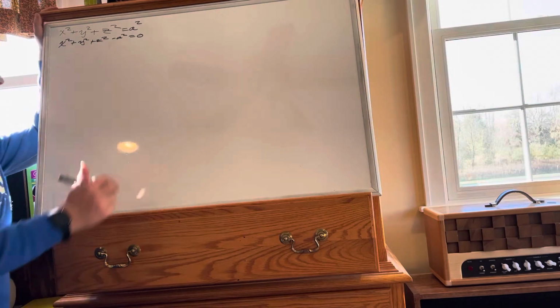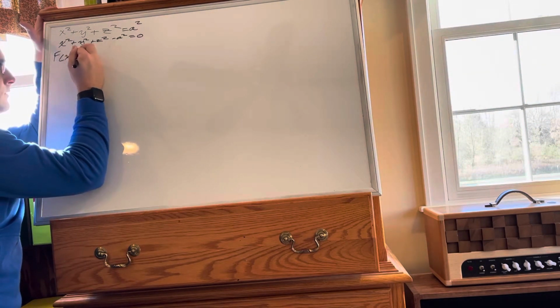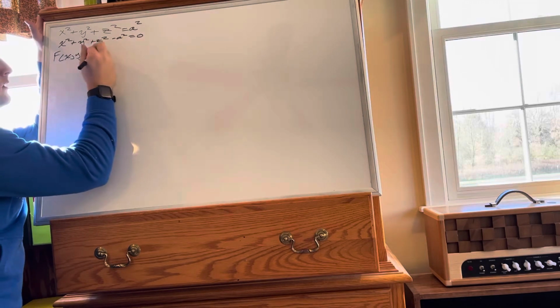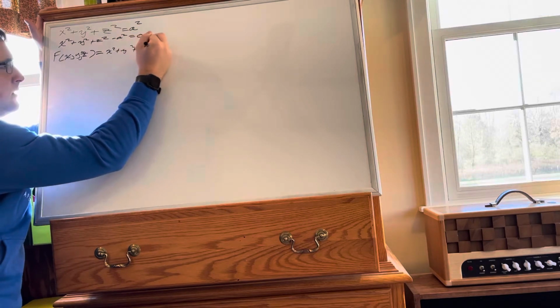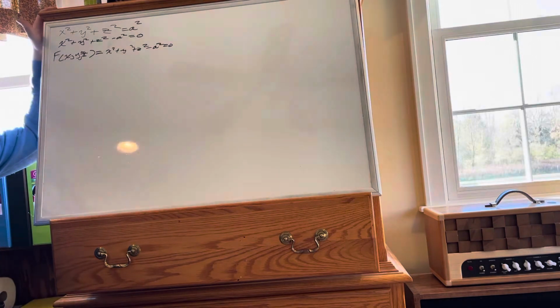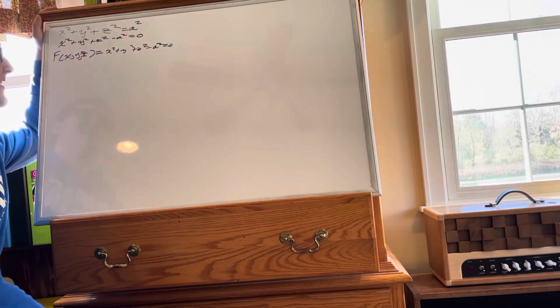We're going to make this f of x, y, z, equals x squared plus y squared plus z squared minus a squared equals 0, 0 being our k for our level surface, I believe.